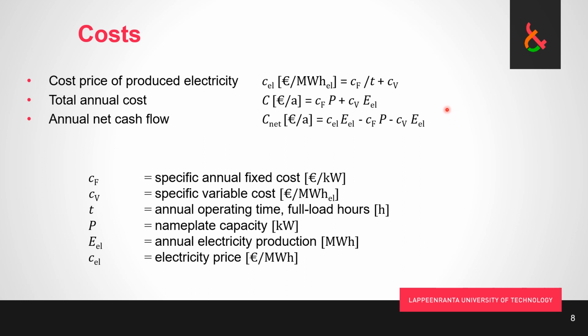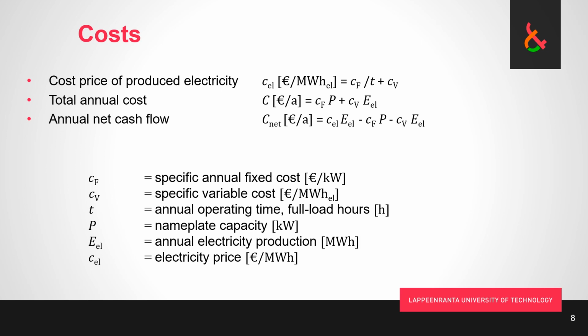So negative sign for the costs, and then a positive sign for what income you get from selling the produced electricity. So specific cost of electricity that you are selling times the annual amount of electricity produced.